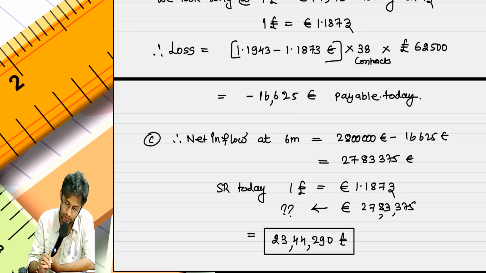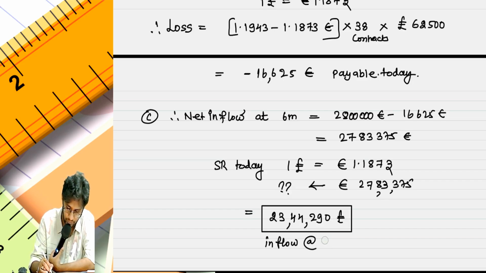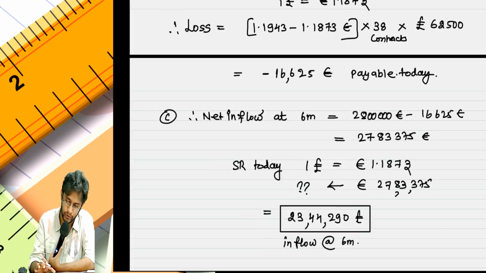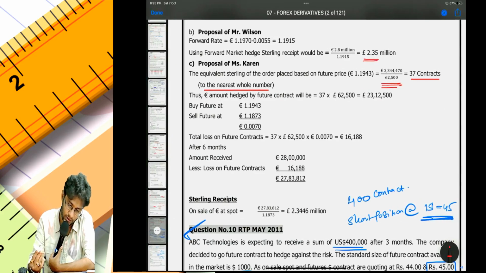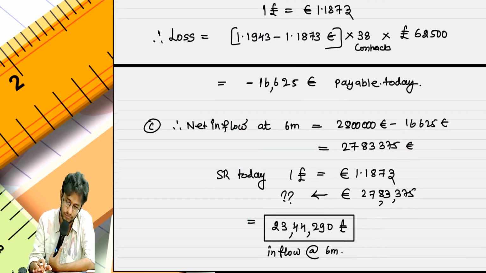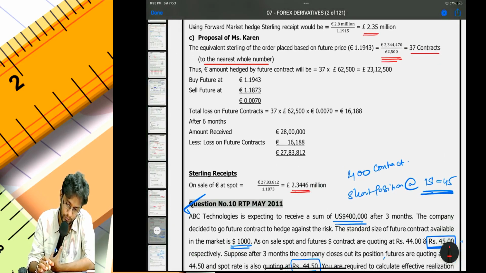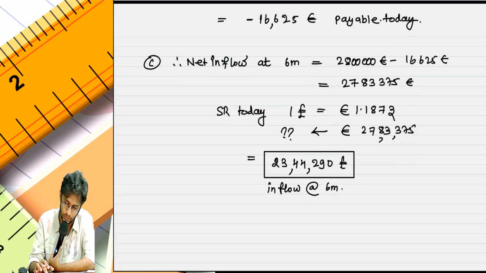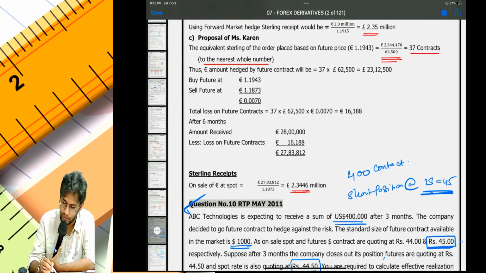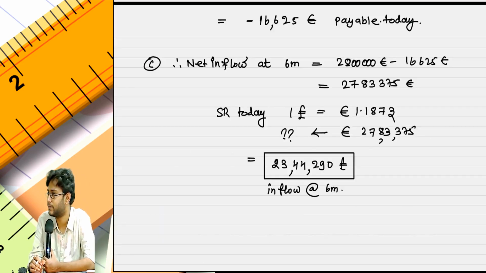The answer won't match for obvious reasons. We got 23,44,000. He got 23 lakhs 44,000. We got also 23 lakh 44. But after that, he is having 6, we are having 29. The difference.